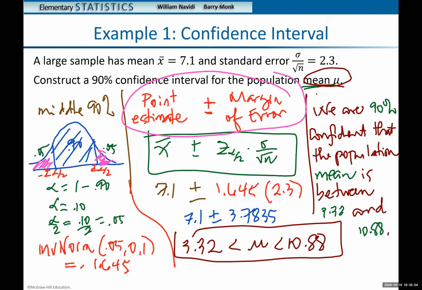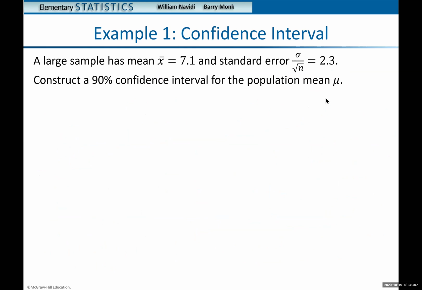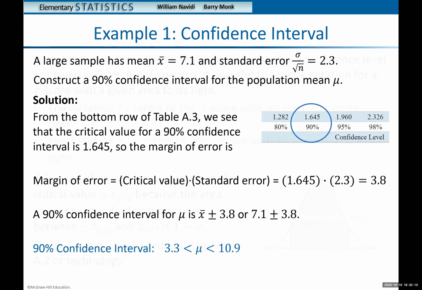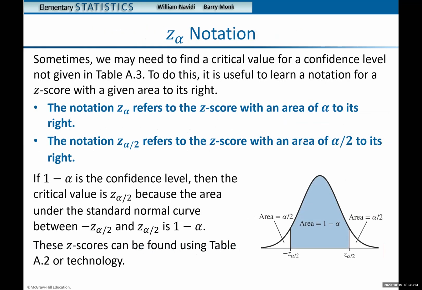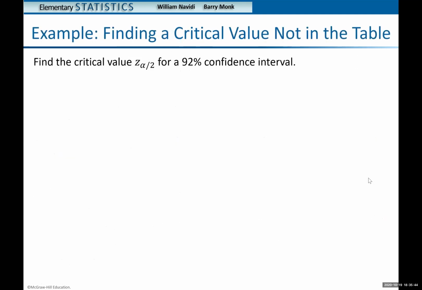All right, sometimes we need to find a critical value for a confidence level not given in a table, just like I already showed you. And that is by using your graphing calculators, the inverse norm. So whatever the given area, subtract it first from 1.